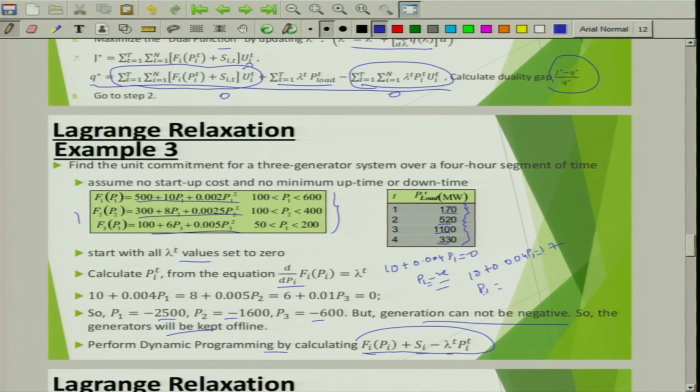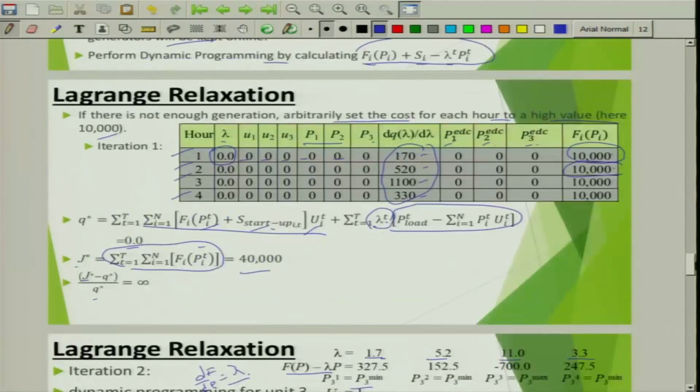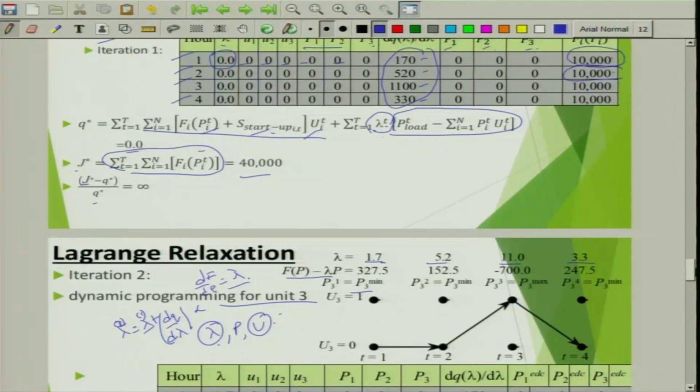For the third generator, for example, if you see here, 6 plus 0.01 P3 is equal to the lambda for the third hour, for the fourth hour it's 3.3, right.